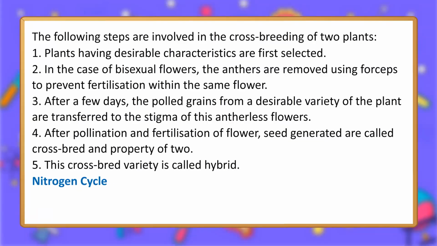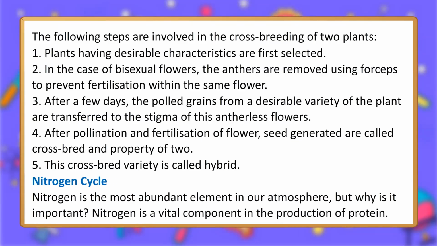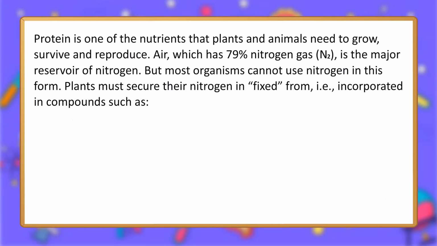Nitrogen cycle. Nitrogen is the most abundant element in our atmosphere, but why is it important? Nitrogen is a vital component in the production of protein. Protein is one of the nutrients that plants and animals need to grow, survive and reproduce. Air, which has 79% nitrogen gas, N2, is the major reservoir of nitrogen. But most organisms cannot use nitrogen in this form.